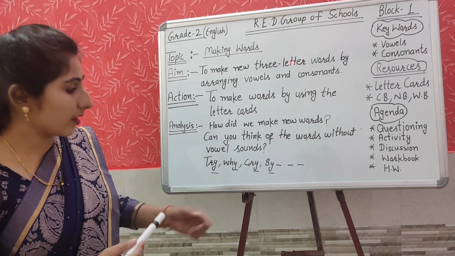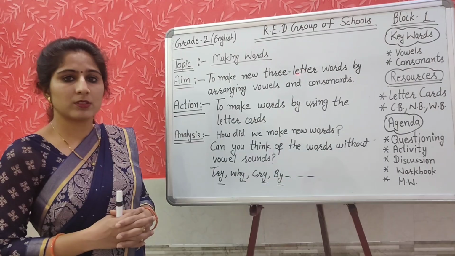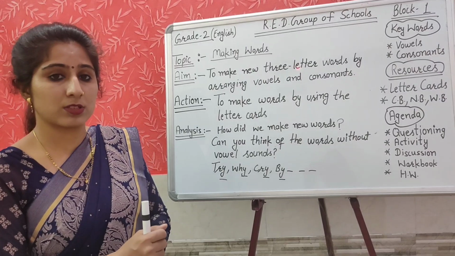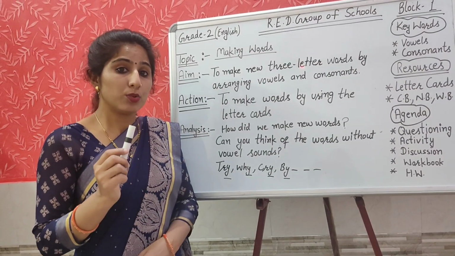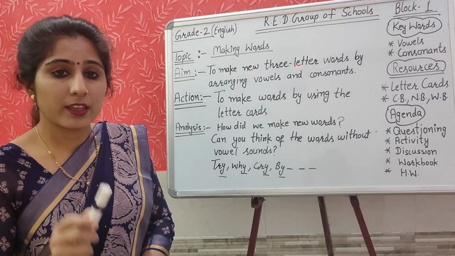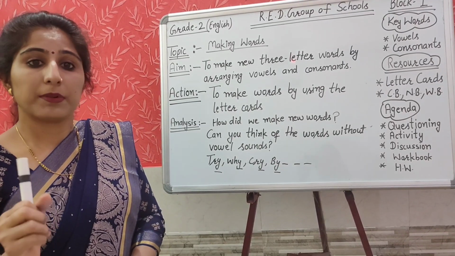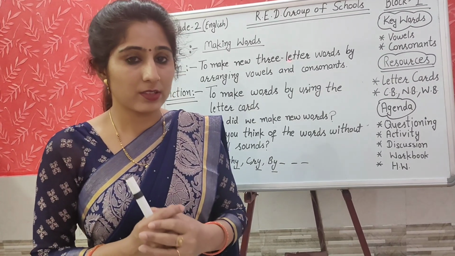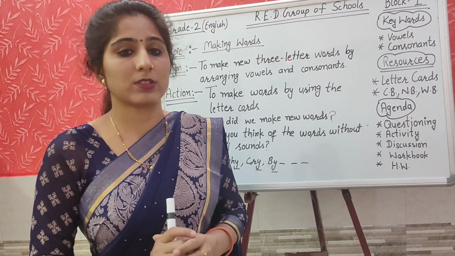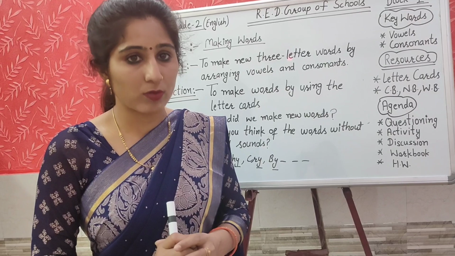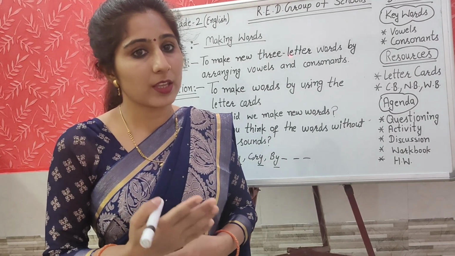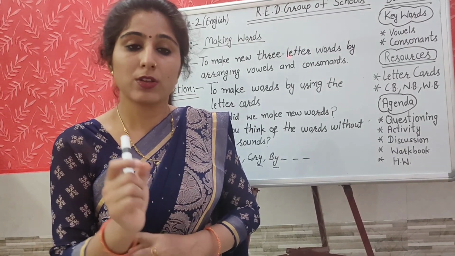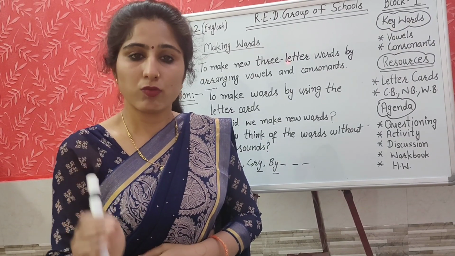Here, Y acts like a vowel sound. Yes, students. So all words must have vowel sounds, but they do not contain A, E, I, O, U. In those words, Y is used as the vowel sound. So they must have a vowel sound, but sometimes A, E, I, O, U is not used. In place of these vowels, Y acts like a vowel.